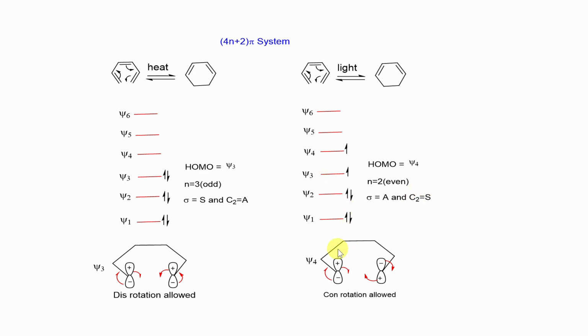If we represent the molecular orbital ψ4, you can see atomic orbital overlap will take place only when the atomic orbitals in the terminal carbon atoms rotate in the same direction, either clockwise or anticlockwise. Therefore, we can say the photochemical interconversion of hexatriene to cyclohexadiene is a conrotatory process.